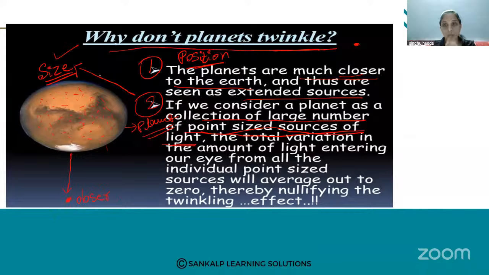Stars are small in size, but the planets are big in size as compared to stars. This one is the second reason. So here also the main reason is atmospheric refraction. Here the shorter refraction process happens because it is much closer as compared to stars. This is the main reason.